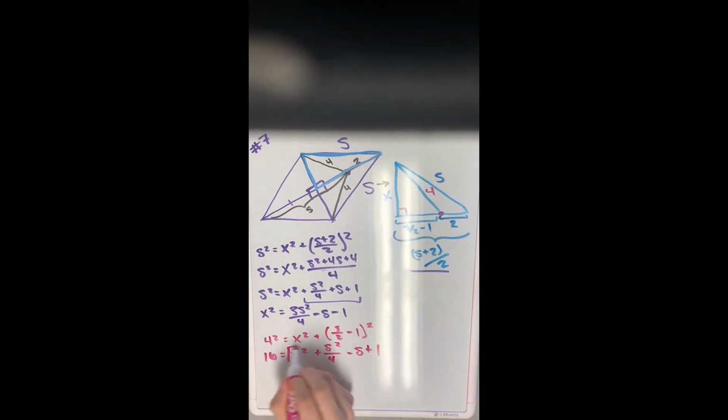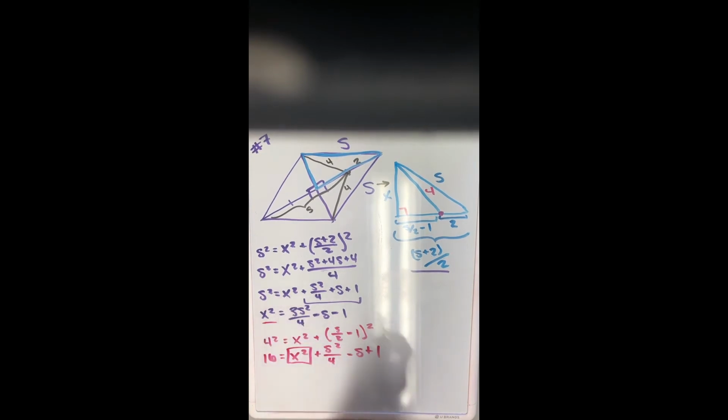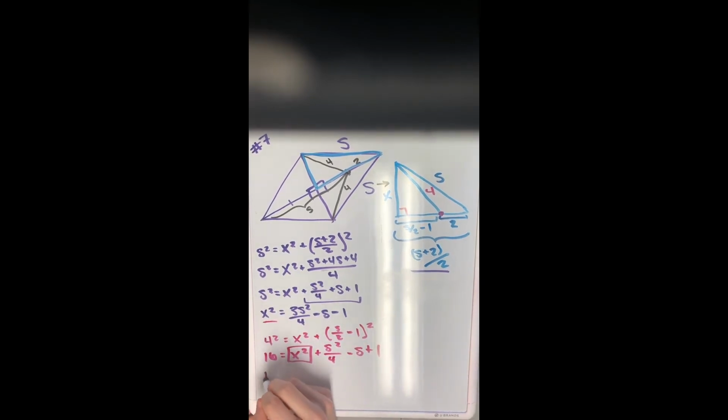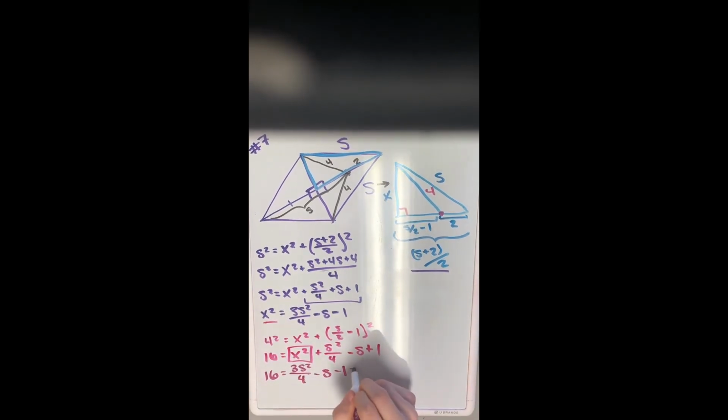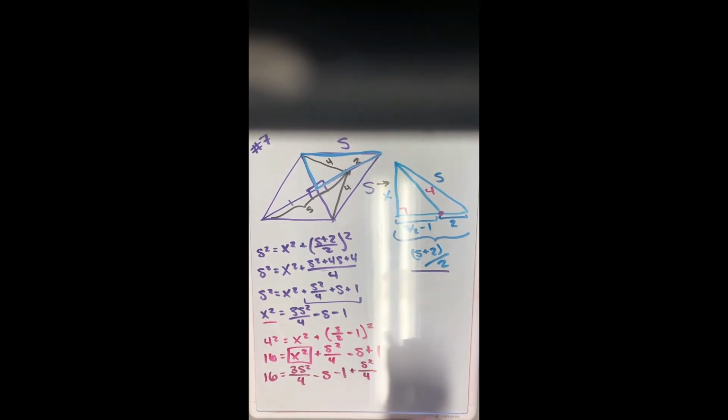And now we actually know what x squared is equal to, so we are just going to sub it in to be able to work in only terms of s. So we know that 16 is equal to, and we're going to replace x squared with 3s squared over 4 minus s minus 1. And then we still have to add the later portion of the equation. So we get s squared over 4 minus s plus 1.